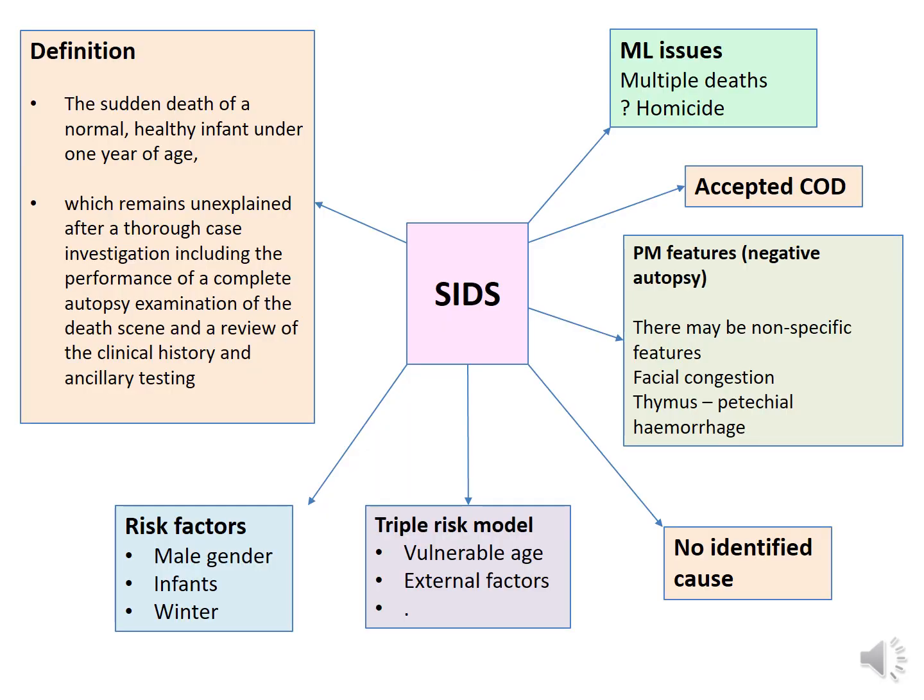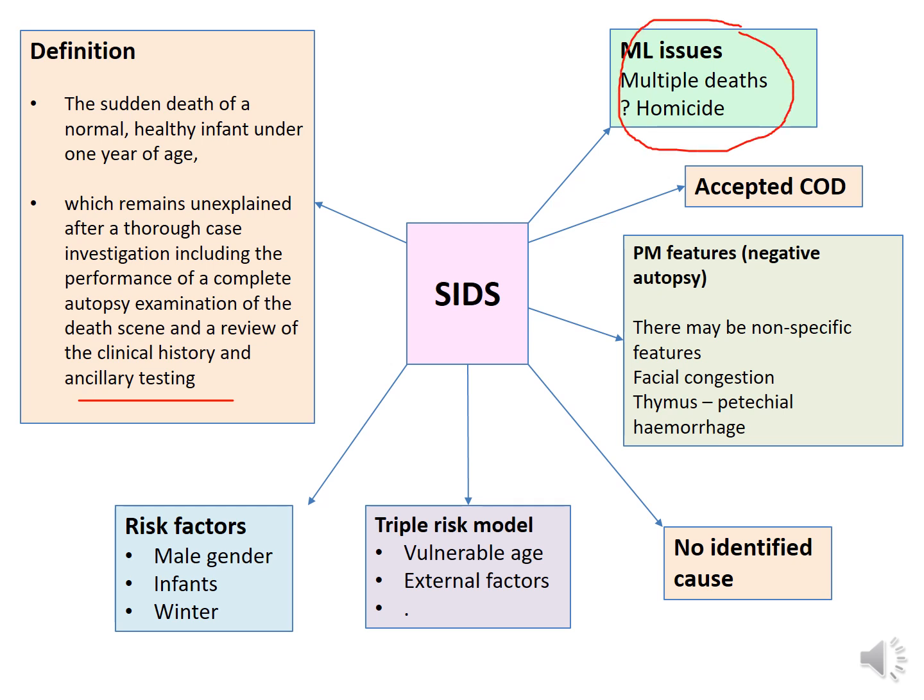Summary charts. Now SIDS. So what's the definition? It is the sudden death of a normal healthy infant under 1 year of age which remains unexplained with all possible investigations, post-mortem, scene examination, scrutinizing of clinical history, and also with all the ancillary testing as well. Right? So what are the medico-legal issues?